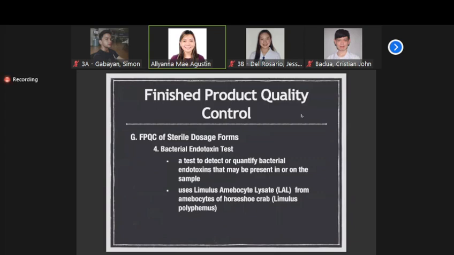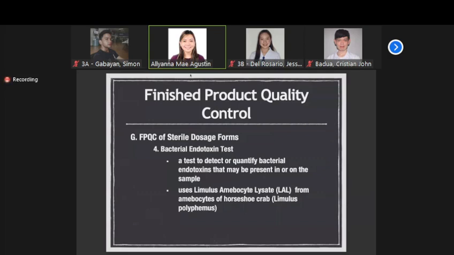You have fever and chills. So usually endotoxins cause fever when introduced to the body, or even septic shock when the endotoxin level is very high. So somehow it is a pyrogen, a fever causing substance.